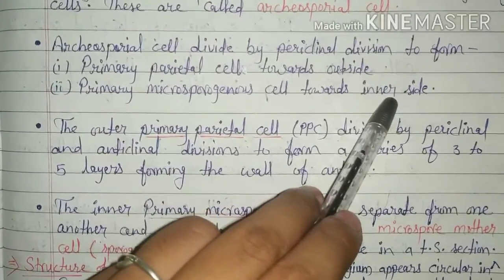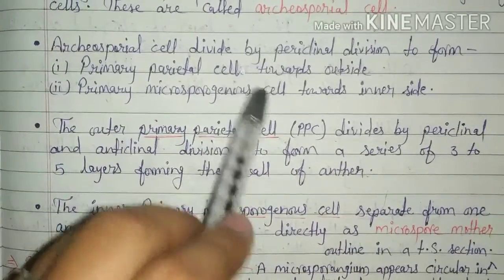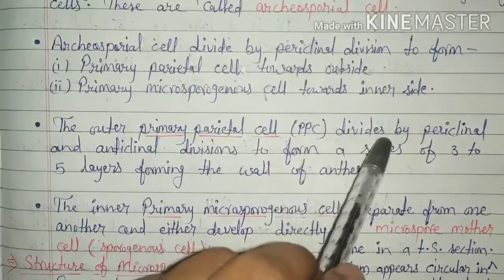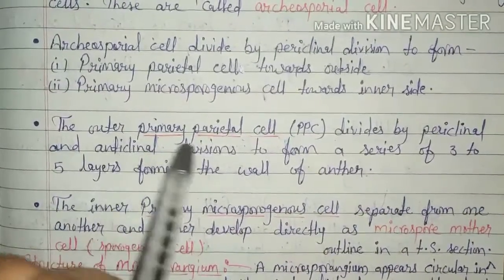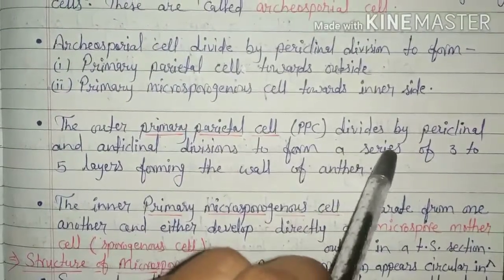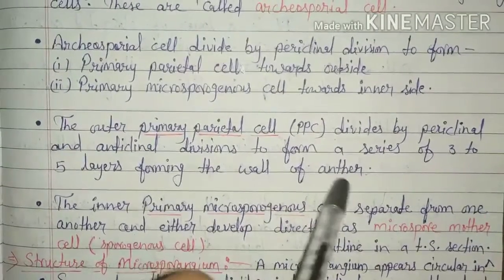After that, primary parietal cells, in short PPC, divide by periclinal and anticlinal divisions to form a series of 3 to 5 layers forming the wall of the anther.